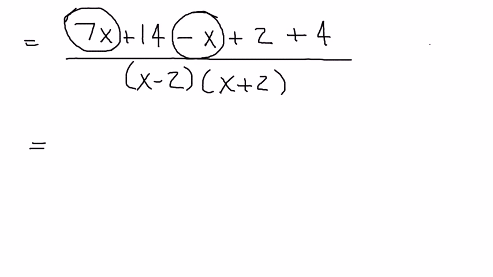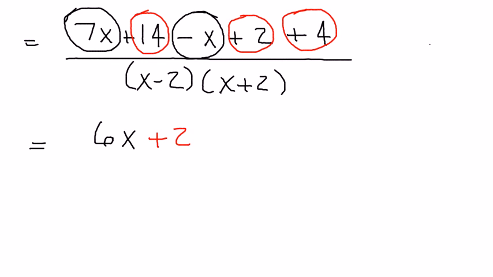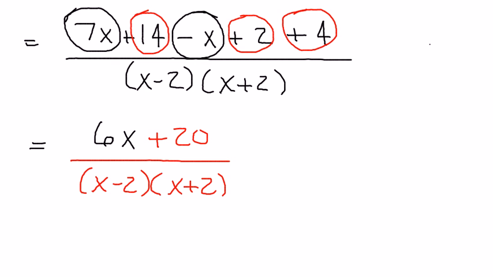So we have 7x and negative x, which gives us 6x. Then we have 14 plus 2 plus 4, which is basically 14 plus 6, which gives us 20, all divided by x minus 2 times x plus 2. Now, if we want, we could factor the 6x plus the 20.